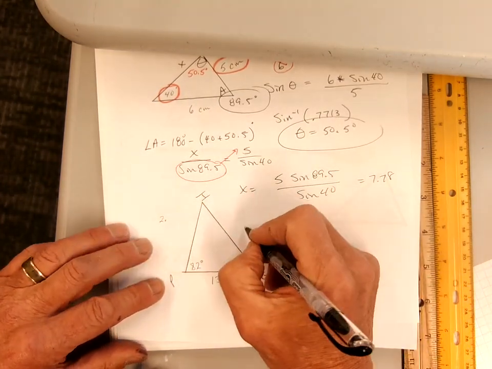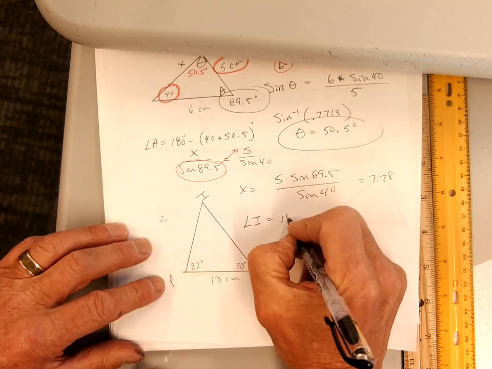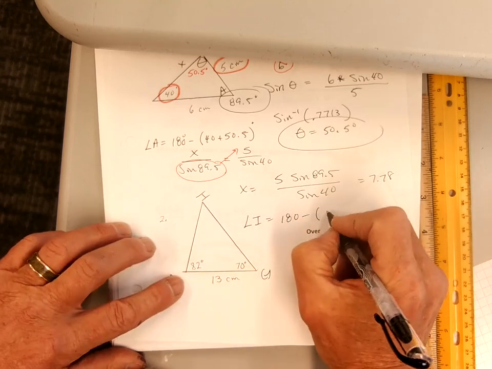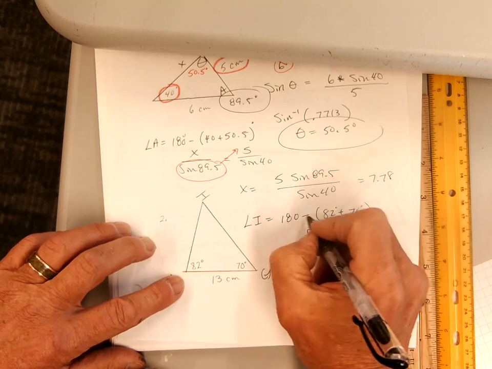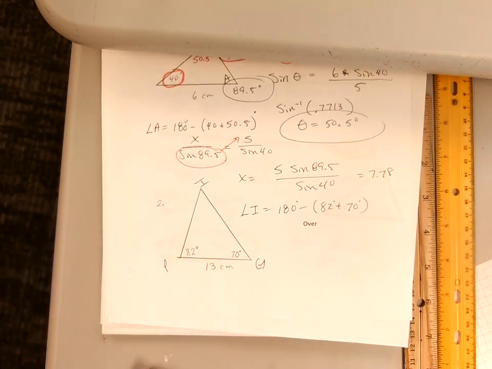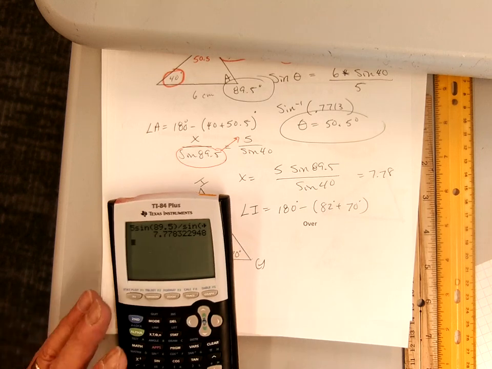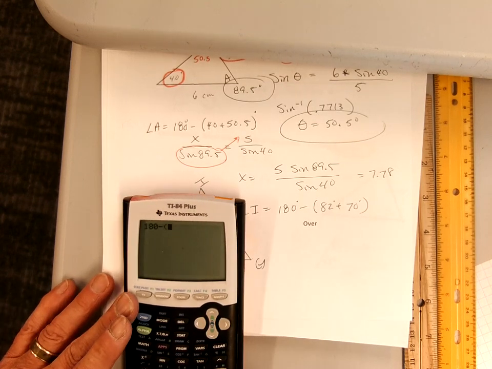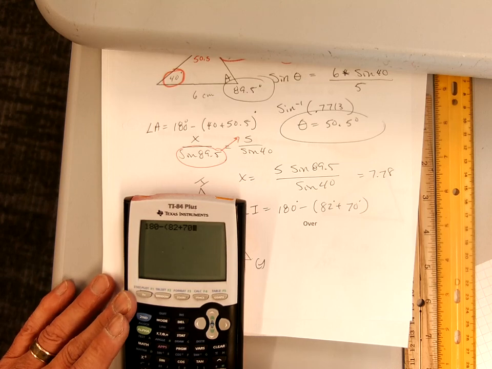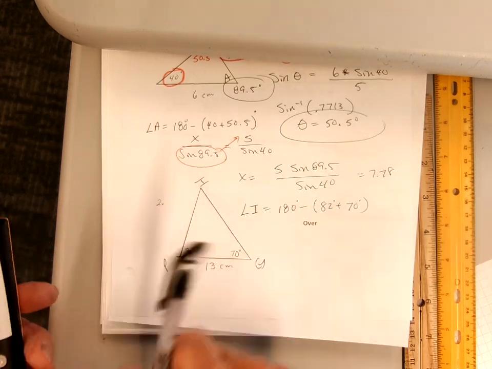So I agree with Luke. Angle I is equal to 180 degrees minus 82 plus 70. Everybody agree with that? Easy, right? 180 minus 82 plus 70. I get 28 degrees. Okay?